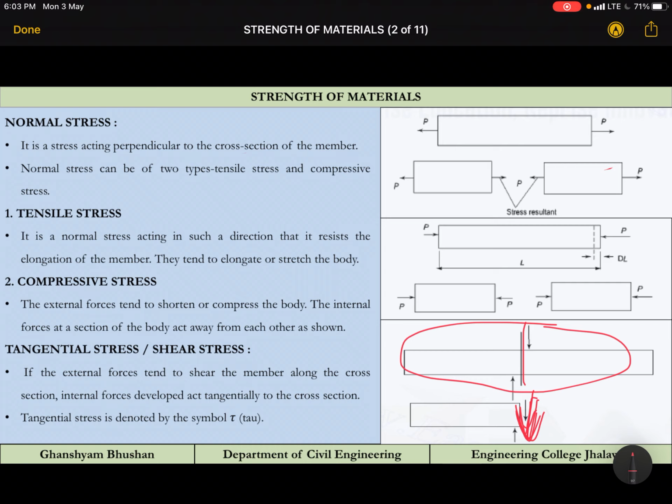If the external forces tend to shear the member along the cross section, the internal forces developed act tangentially to the cross section. Generally, normal stress is shown by sigma and shear stress is shown by tau. We have already seen this in the last unit of engineering mechanics, so if you have doubts, you can refer to those lectures.